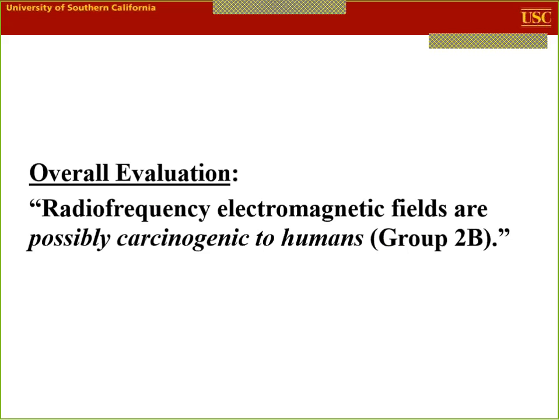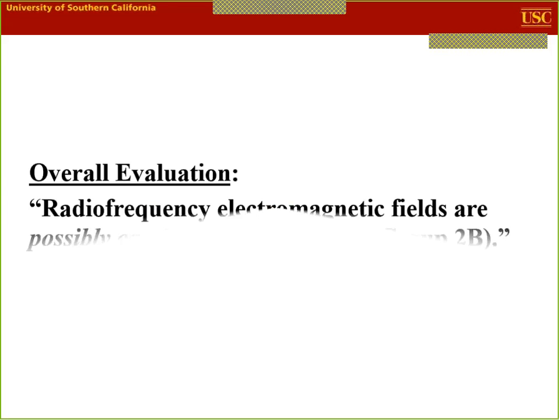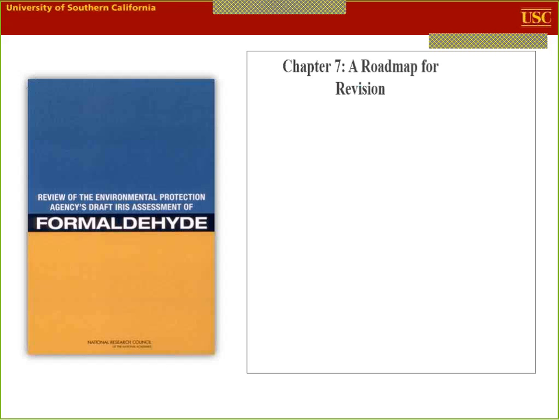But we're clearly, in terms of these ideas of probability of certainty, not anywhere near sufficiency when we're at this level of weight of evidence. So these ways of expressing strength of evidence are important. So there's the overall evaluation there.